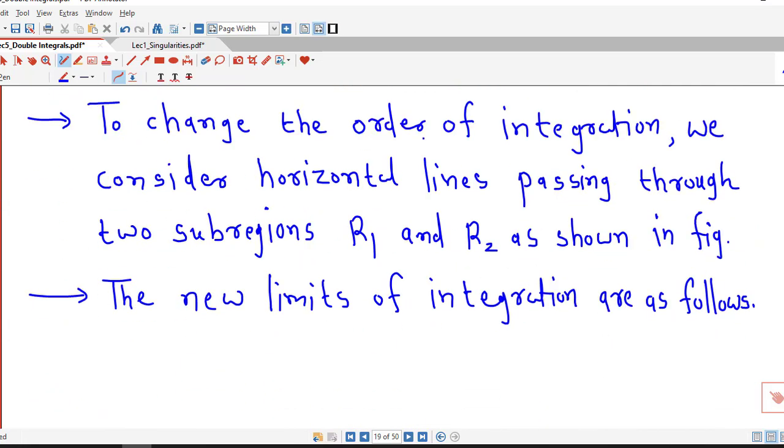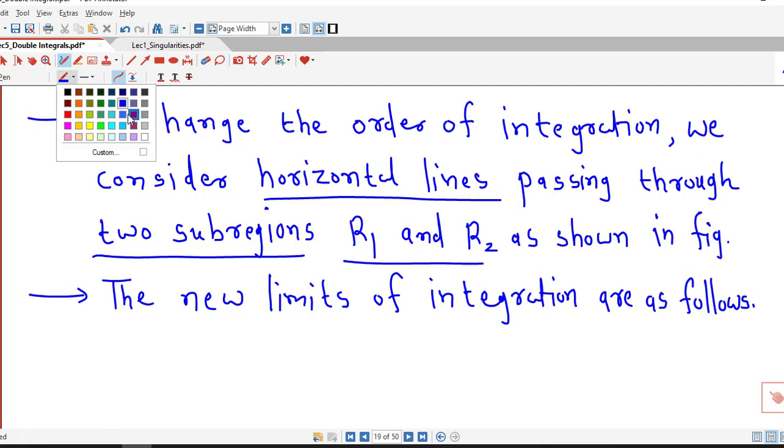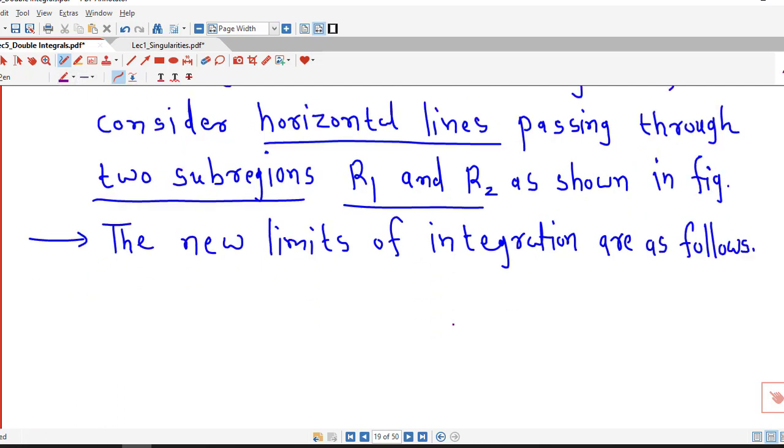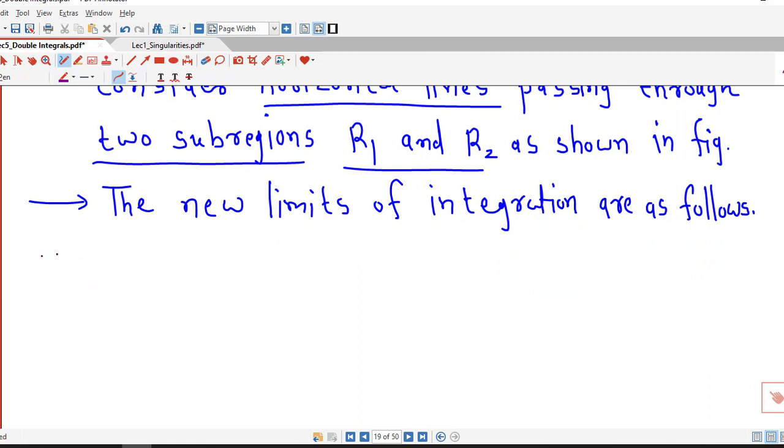To change the order of integration, we consider horizontal lines passing through the two subregions R1 and R2 as shown in the figure, and now we write down the new limits of integration. So first we write down the limits of integration in R1.